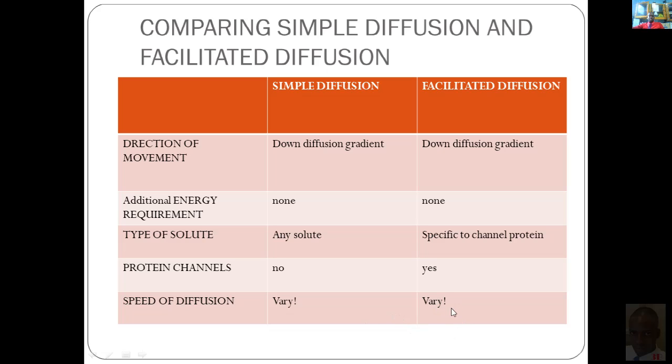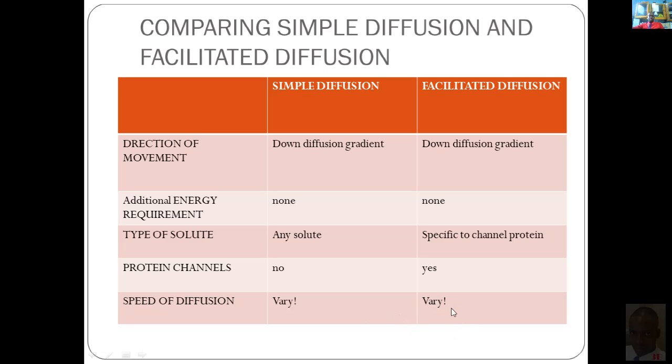One point to note is that facilitated diffusion means that you have to bounce and find a channel to go through, while with simple diffusion you don't need a channel, you just move randomly from where there is a lot to where there's less. In facilitated diffusion, yes, you're moving, but you need to find a channel.